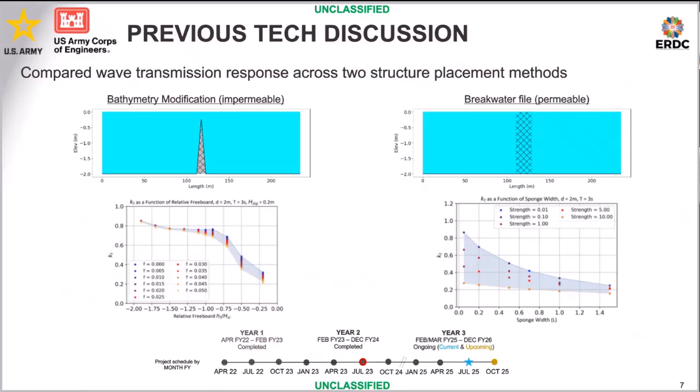These are just 1D simulations, so these are in the cross-shore width, and then the total strength. So if you're looking at the top right figure, it can be treated like a mesh, and that strength. So increasing the strength of the permeable layer is more or less like adding a finer mesh that the wave train has to go through.